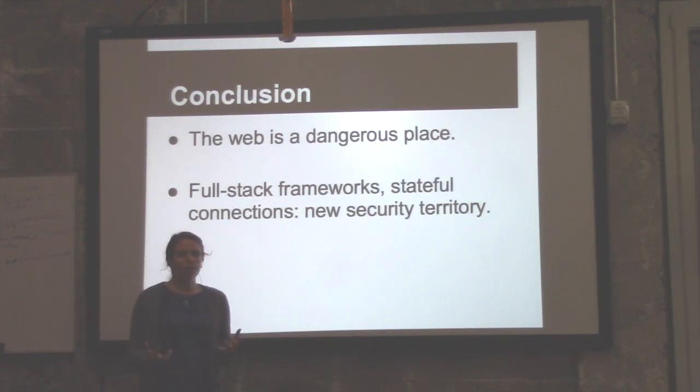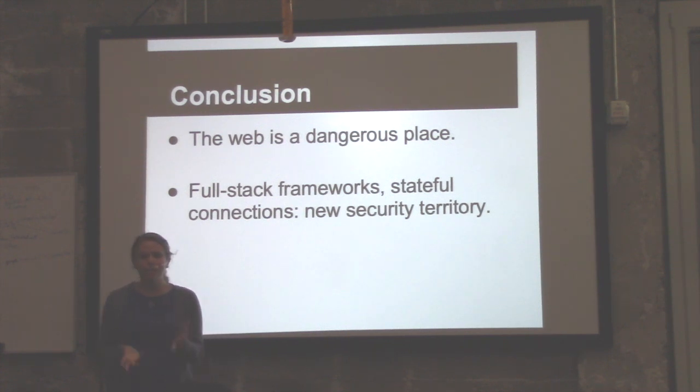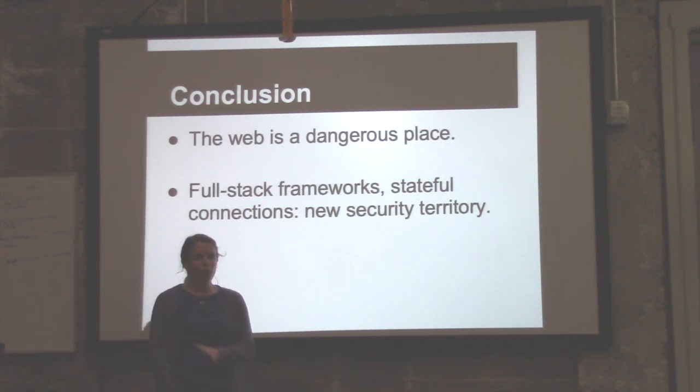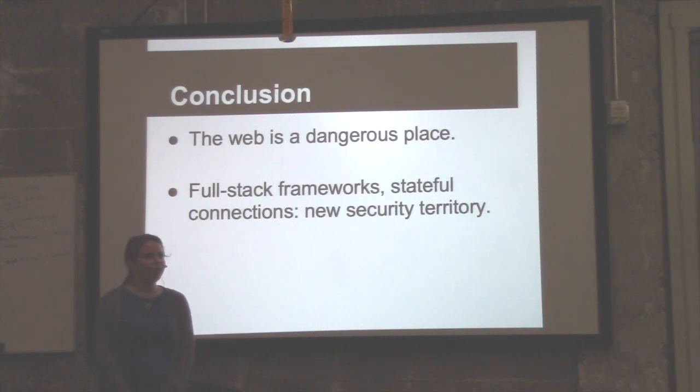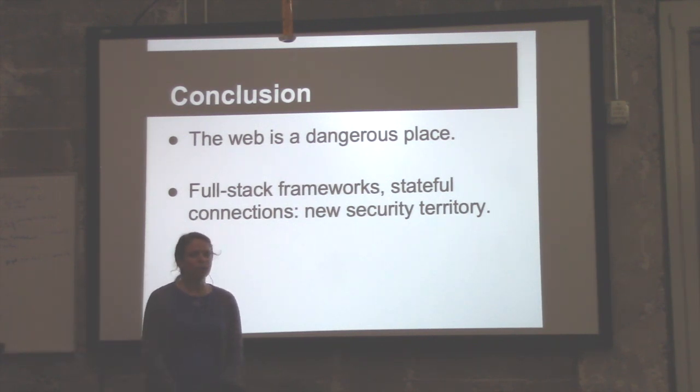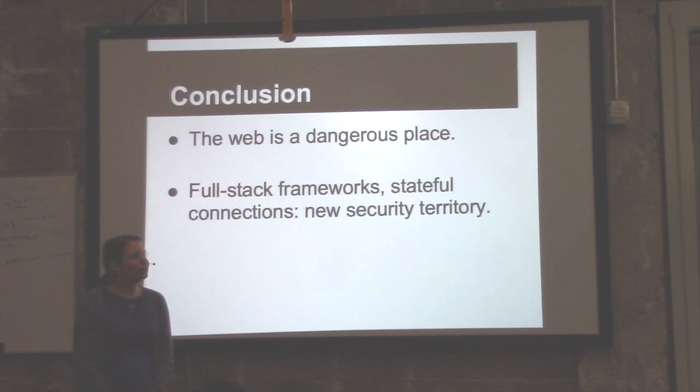I talked a lot about how the security territory changes with Meteor, and my intention in doing that, as much as I love Meteor, wasn't to say you should go use Meteor, but to give you a feeling for how web security is a very rapidly changing area, and some of the things that two years ago were just axioms are now changing, new attacks, old attacks becoming obsolete, and I really hope that you found that interesting.